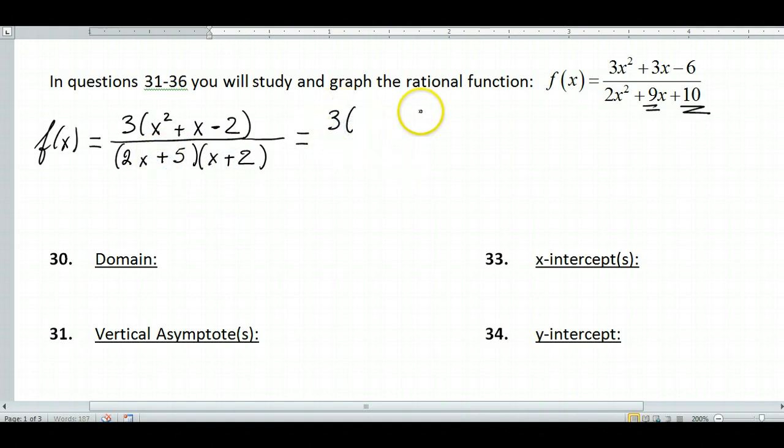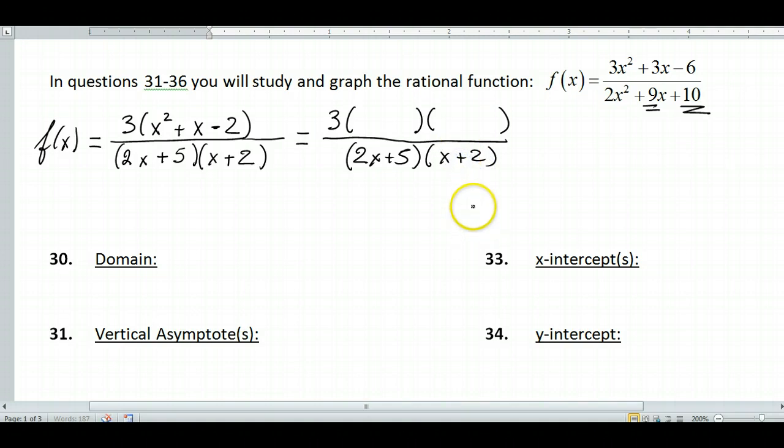So what do we have at the top? Let me rewrite 2x plus 5 times x plus 2. The top, so that's x, oh, it's x plus 2 times x minus 1.